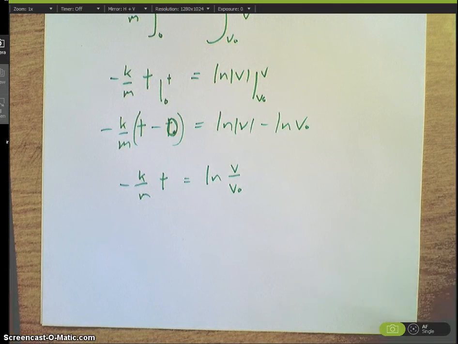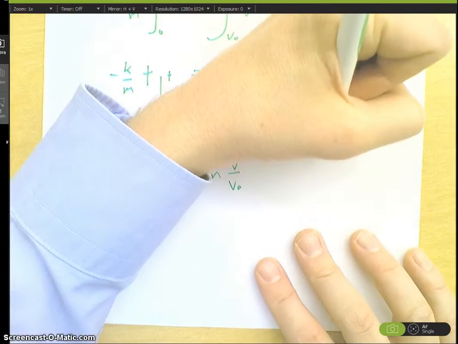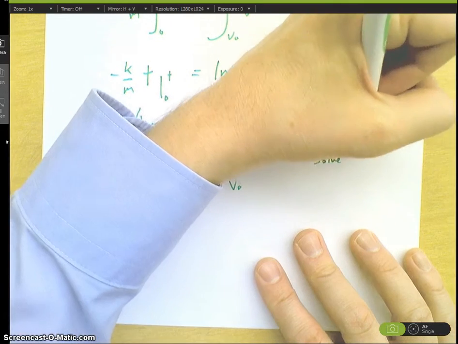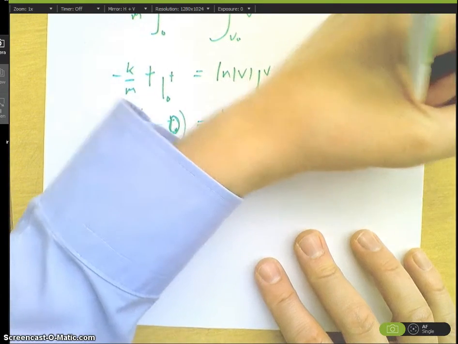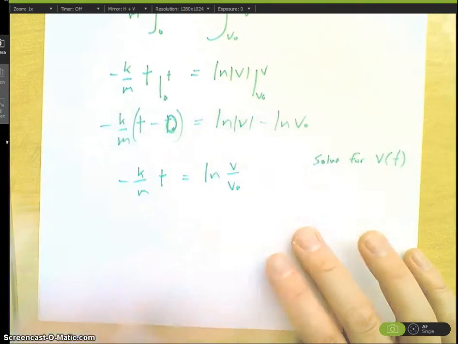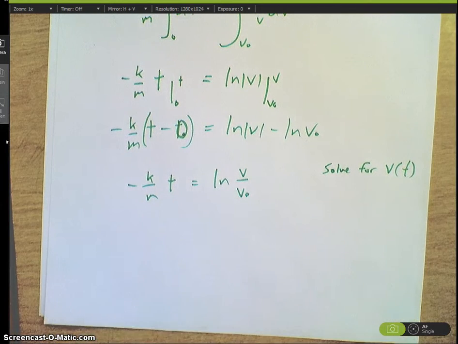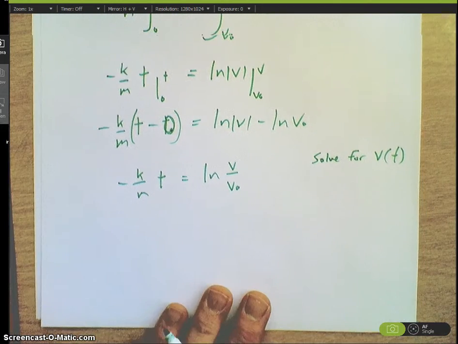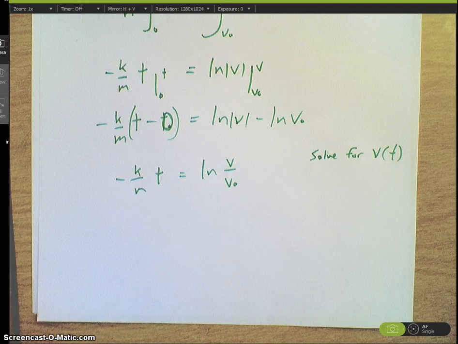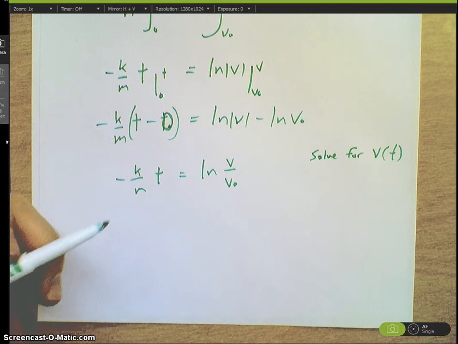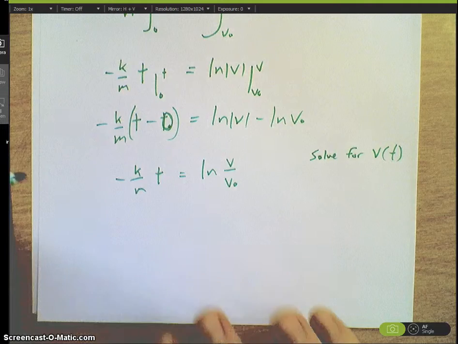Now what? We're looking to solve for V of t. Solve for V with respect to t. So how are we going to get this V by itself? An E, you mean? Yeah.